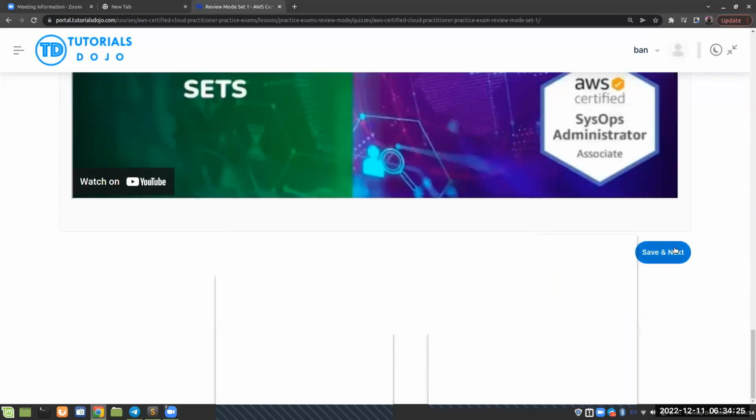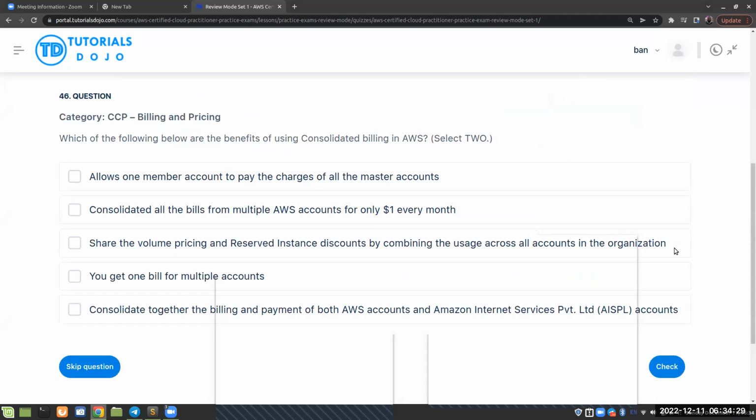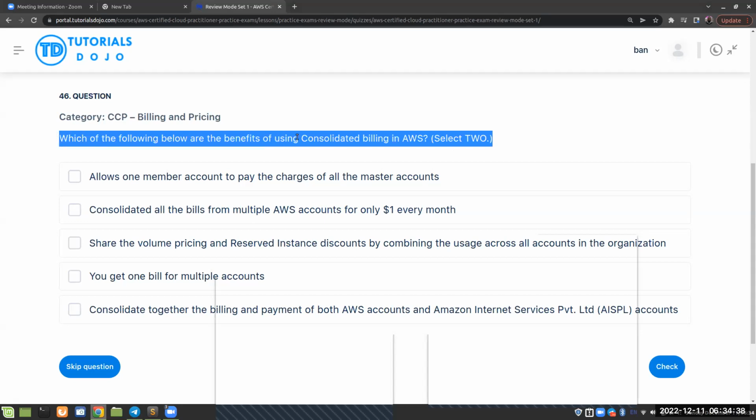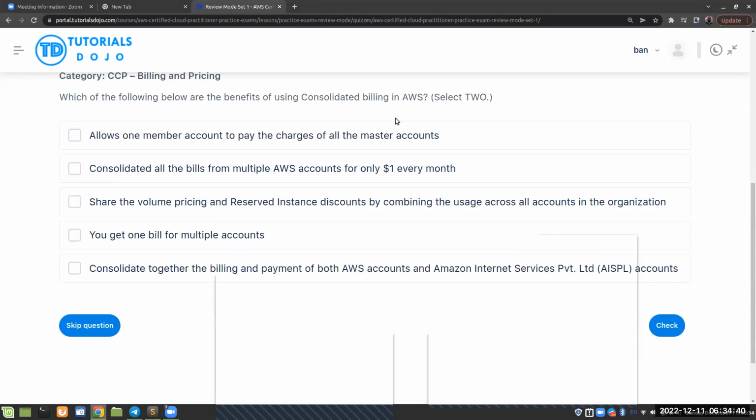All right. Next question, I think, is for you, Leslie. Which of the following below are benefits of using consolidated billing in AWS? Select two. So, benefits of using consolidated billing in AWS.